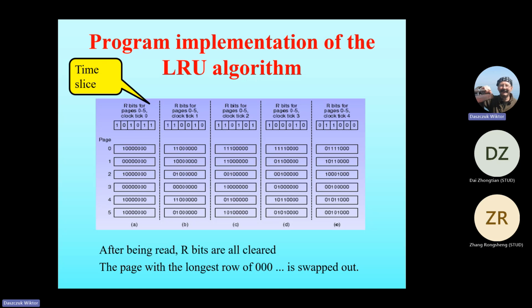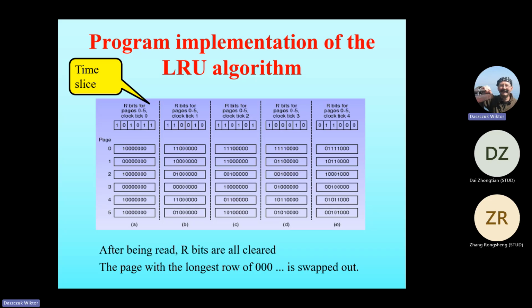And after some time, a typical real-time clock is used. So after a tick of this clock, we shift all registers one position to the right and read again R bits to this table. Of course, after reading this table, it is cleared to let the hardware set the bits for pages that are used. And it is performed after every time slice.